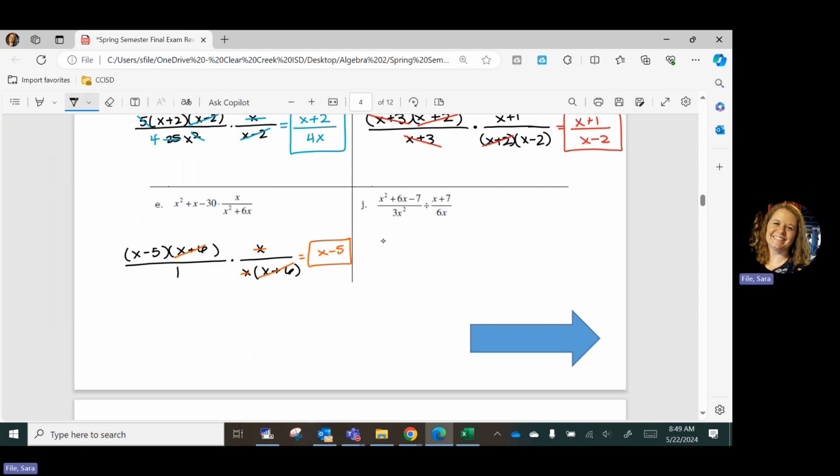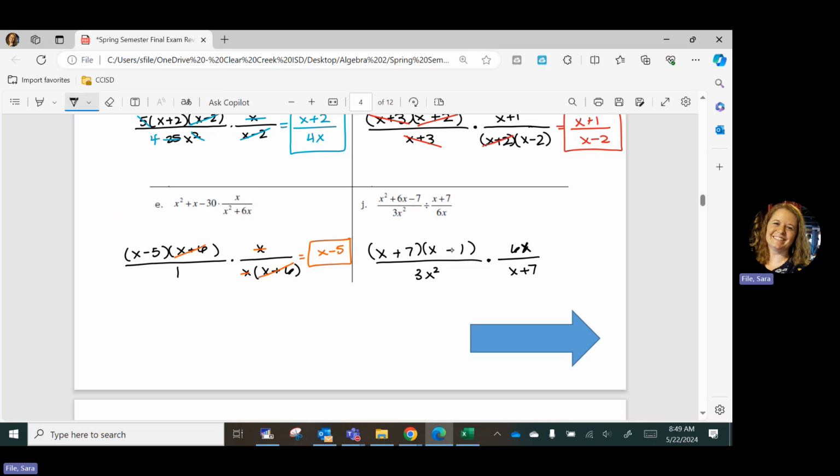All right, over here, we're going to keep the numerator and denominator of the first ones where they are, but we're going to factor. And then we're going to change the sign and then flip the second. There's no factoring in this one. All right, so here this is going to factor. The only factors of 7 are 7 and 1. And we want it to multiply to a negative, but add to a positive.